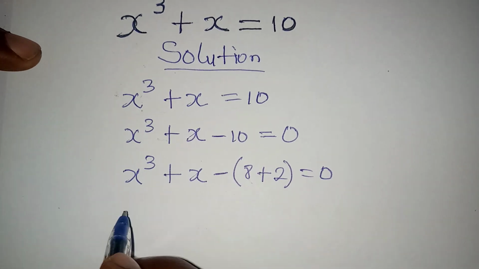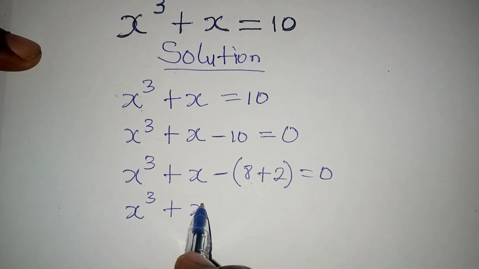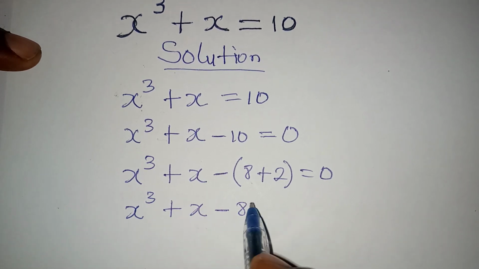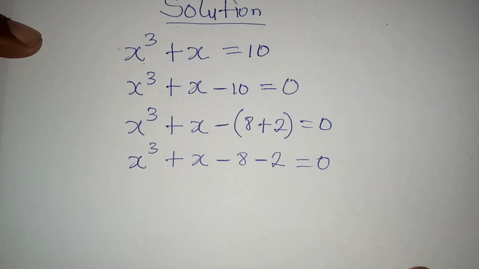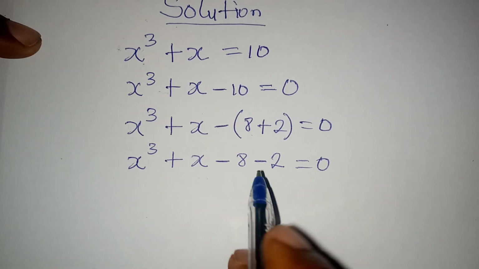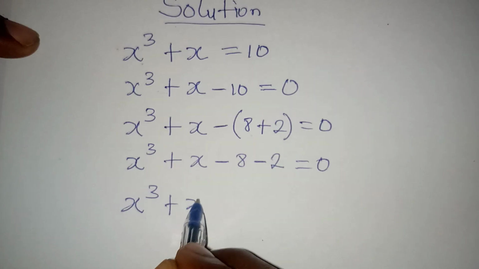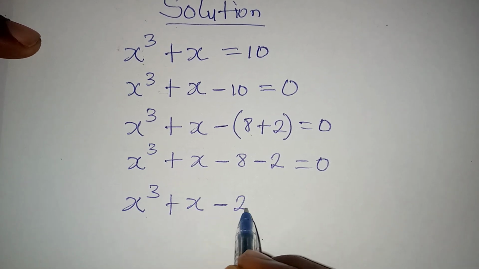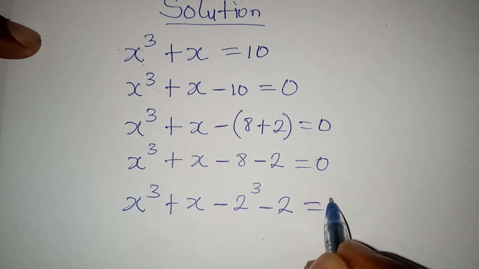Now open that bracket again, so we have x to the power of 3 plus x minus 8 minus 2 equal to 0. Okay, now remember 8 is now 2 to the power of 3, so I'll write that: x to the power of 3 plus x minus 2 to the power of 3 minus 2 is equal to 0.